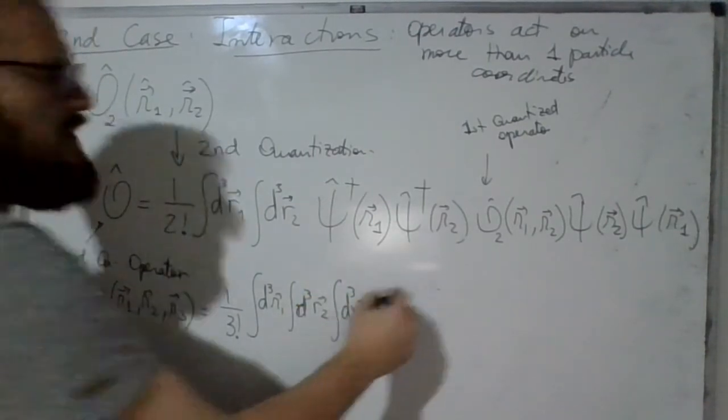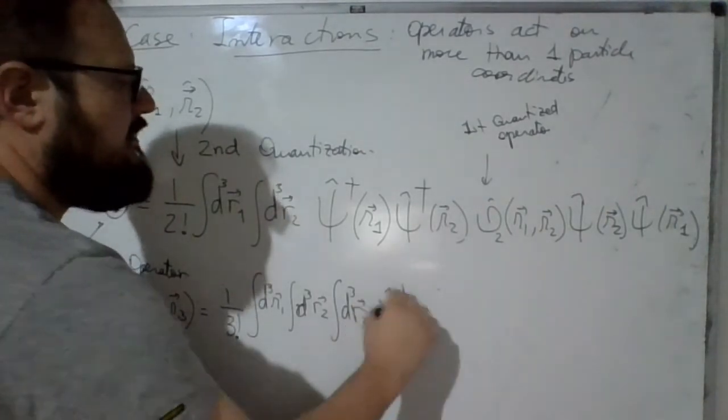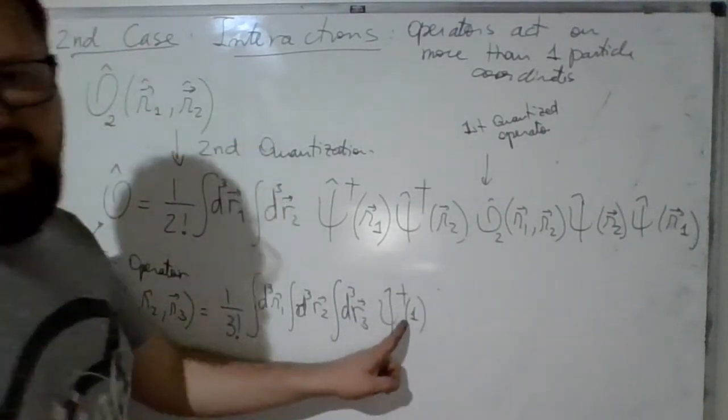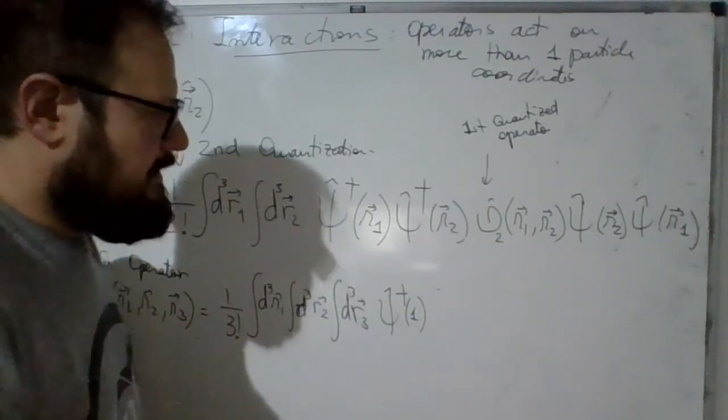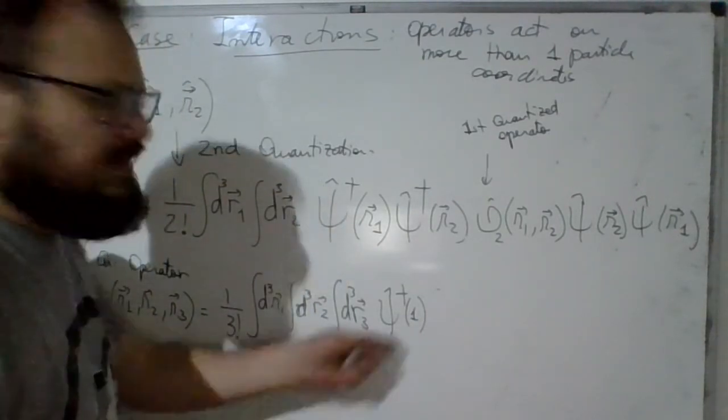So you have psi dagger of particle 1, which is just a very simple notation.